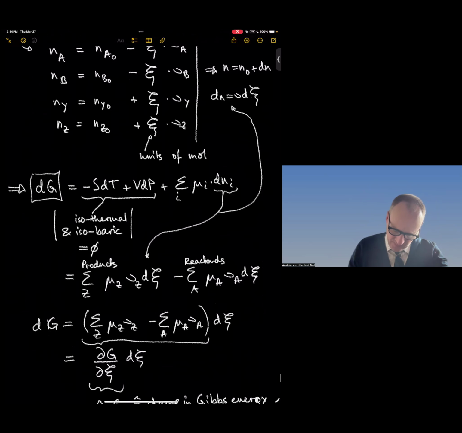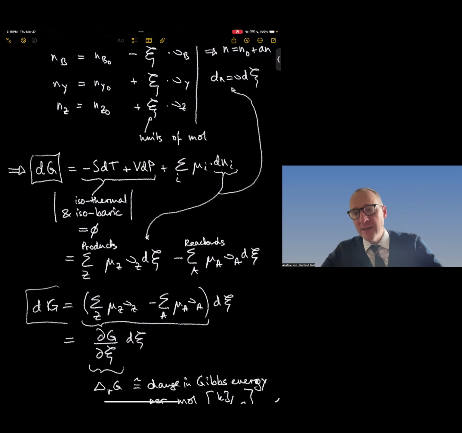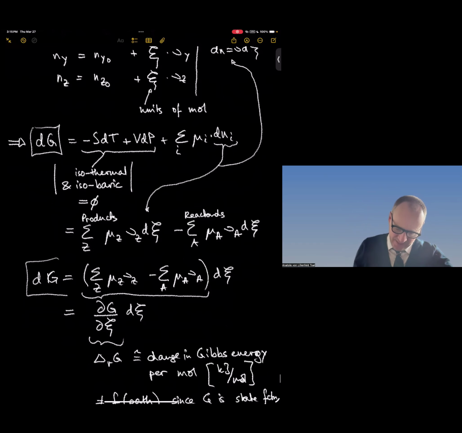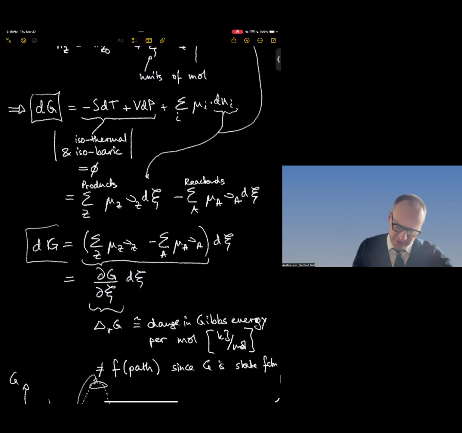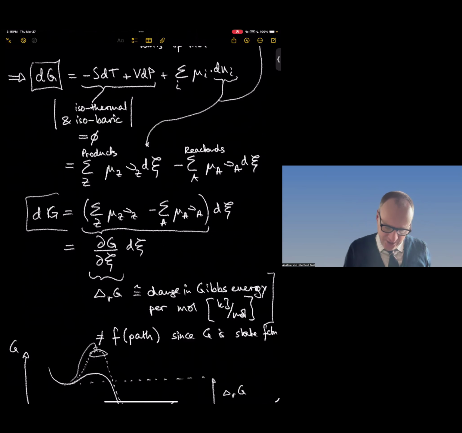So in particular, you see down here our dG, given that there's no work and things are isothermal, the only thing that can happen under those conditions is chemistry. Right? And so that's why we need psi. And this derivative of G with respect to psi is something we call the change in Gibbs free energy per mole, this delta R G. Okay.